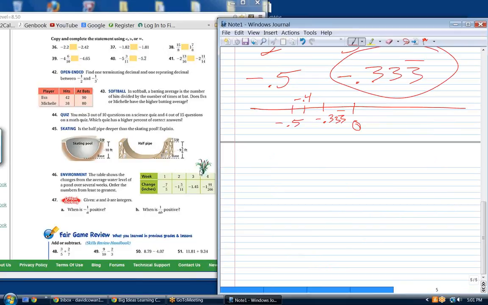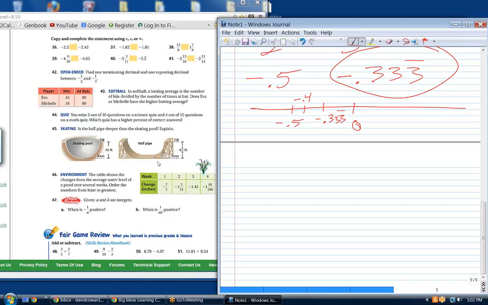Is the half pipe deeper than the skating pool? Explain. I said that the half pipe is deeper than the skating pool because, no, it's not deeper than the skating pool because 10 feet is greater than 9 5/6 feet.